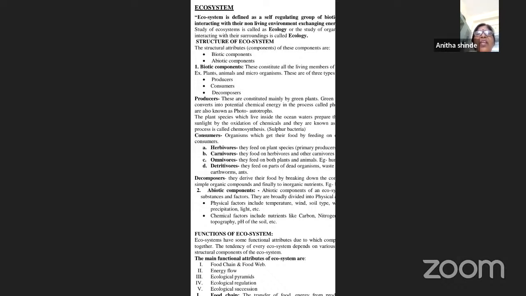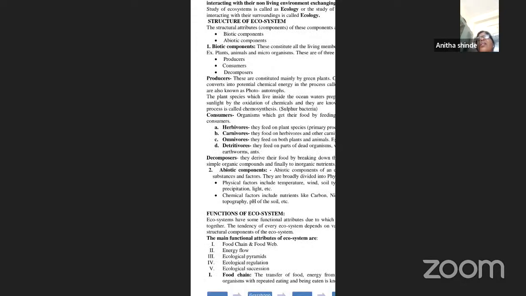The plant species which live inside the ocean waters prepare their food in the absence of sunlight by the oxidation of chemicals. They are known as chemoautotrophs, and the process is called chemosynthesis, like sulfur bacteria. Terrestrial plants can directly trap the energy from sunlight.